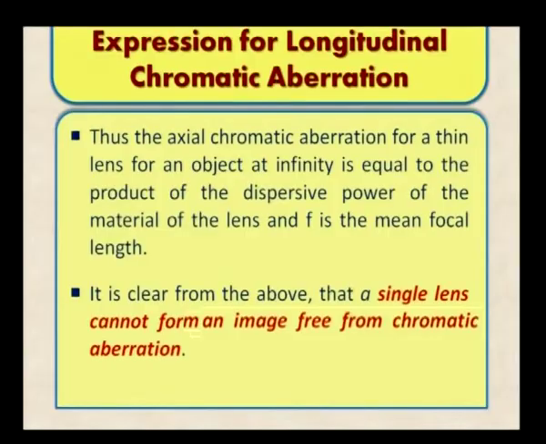So, Robert Hooke was not given the importance, even though he was the first to observe the phenomenon of dispersion, and the credit went to Newton, and we all say that Newton observed dispersion. Okay. And so, a single lens cannot completely eliminate chromatic aberration.